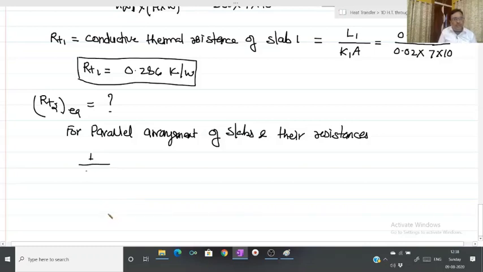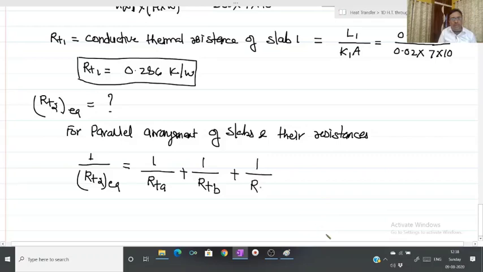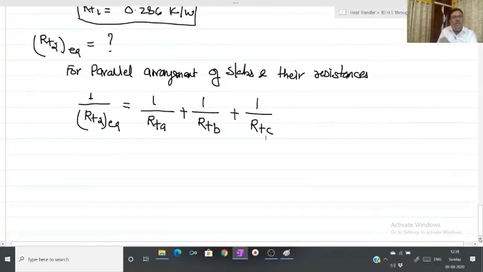So 1 over RT2 equivalent will be equal to 1 over RTA plus 1 over RTB plus 1 over RTC. So let us calculate RTA first.